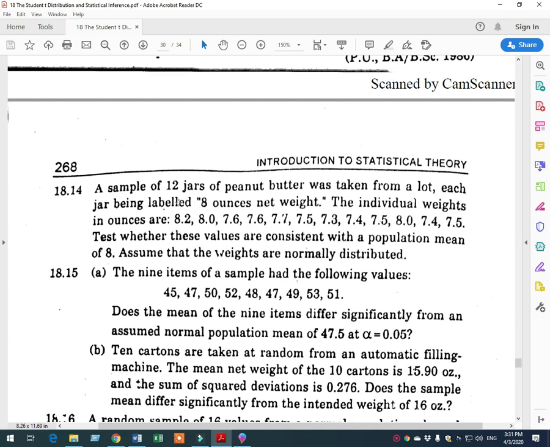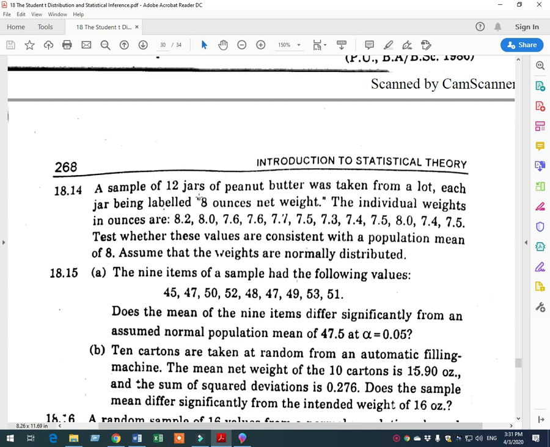So each jar is labeled as having a weight of 8 ounces, but when the 12 jars were weighed, these different weights were found. Test whether these values are consistent with the population mean of 8, because the mean of 8 is given.